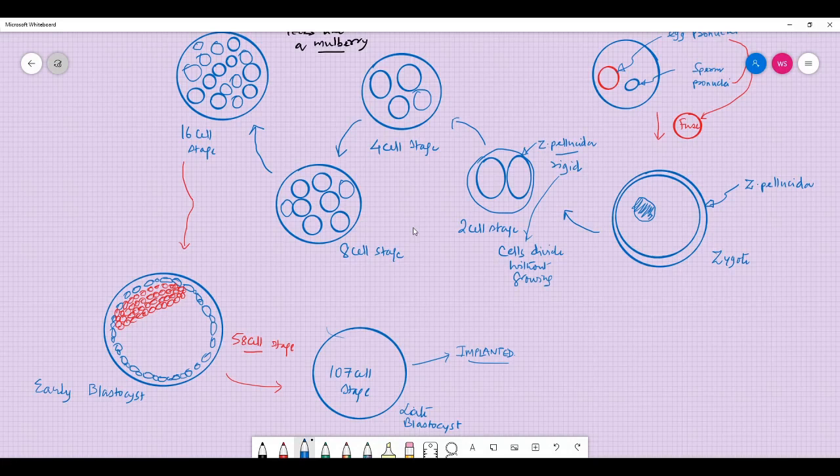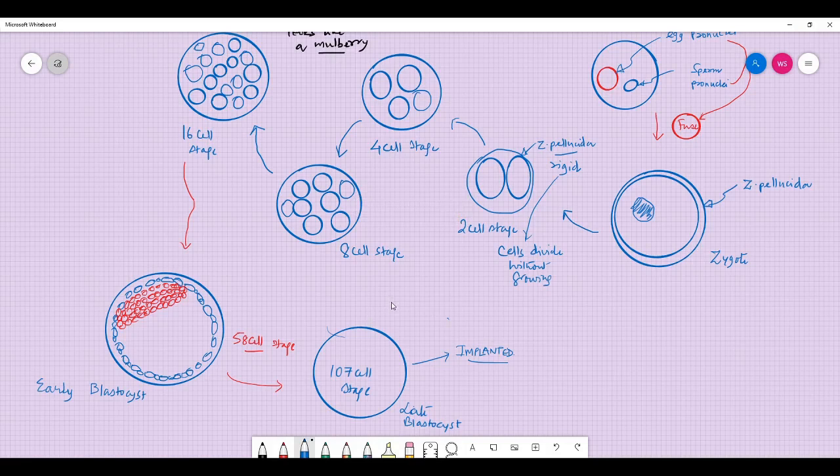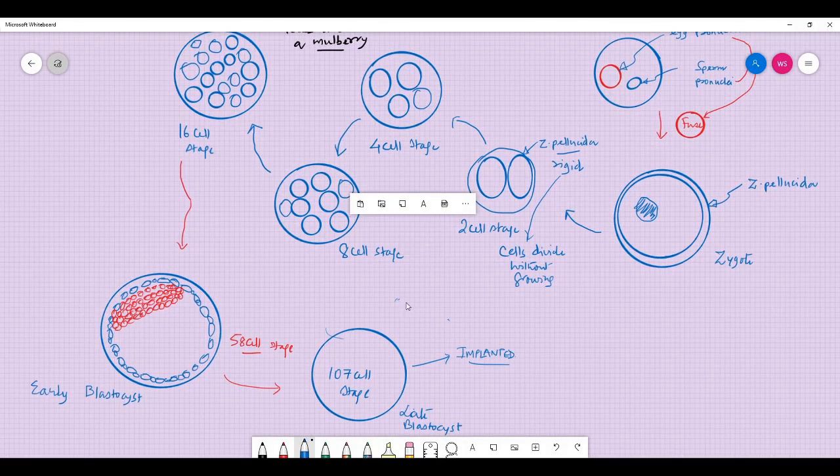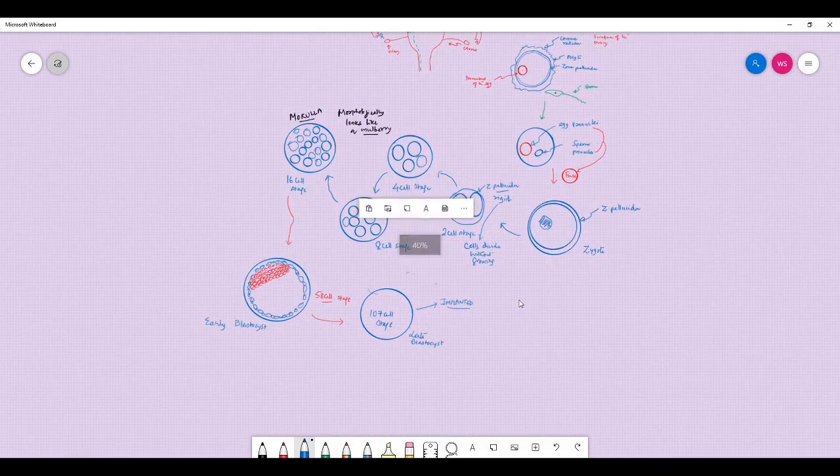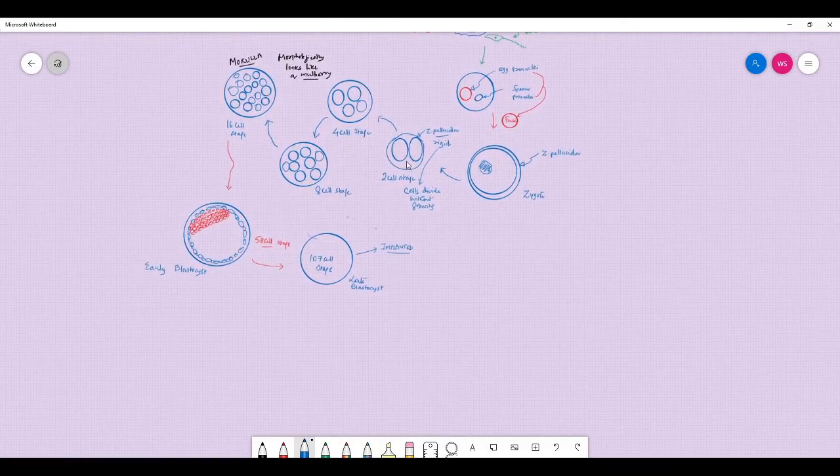The important thing to remember here is that these cells up to the 16 cell stage have similar morphology, and they are more or less always similar to each other.